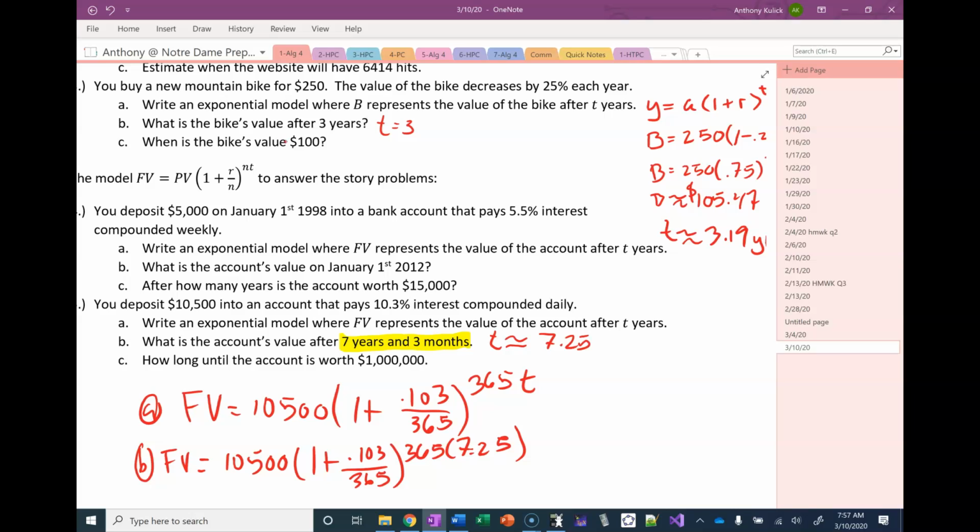Is it a certain amount of minutes or seconds? You have to make it all seconds. You'd have to turn it, well, for this model, T is in years. So the unit for T has to be years. Okay?